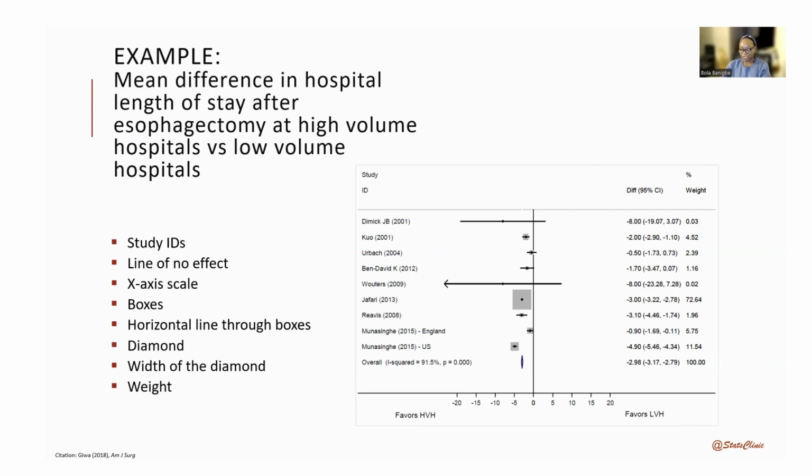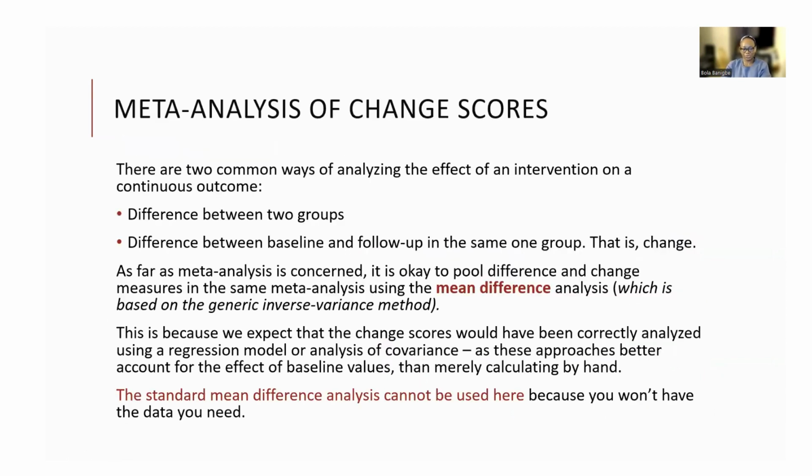Sometimes you're not looking at data that compares two groups, but you're looking at difference between baseline and follow-up in the same group. So for instance, you want to see the change in the mean difference in weight of a group of children before they started exercise and after they've been exercising for 6 months, same group of children.